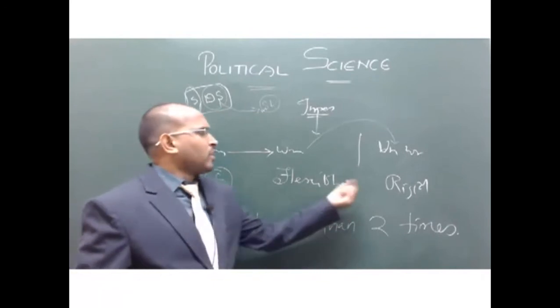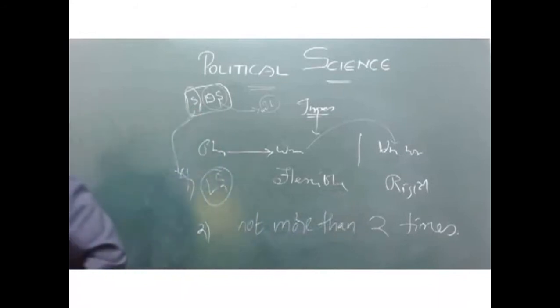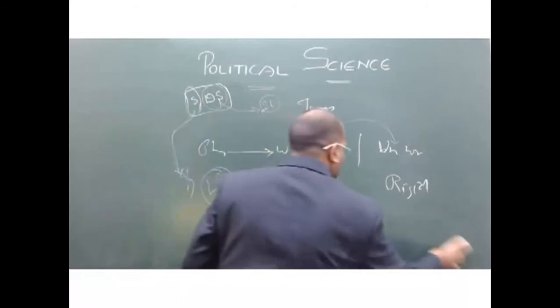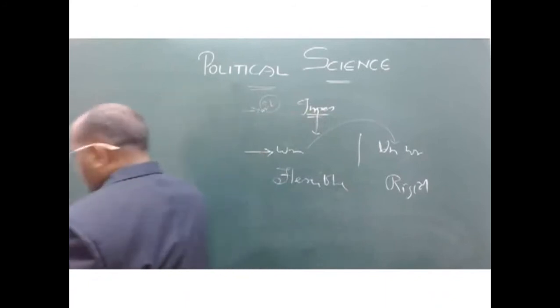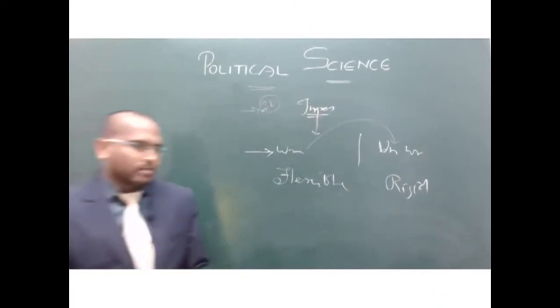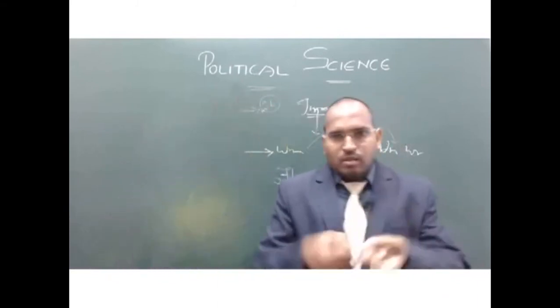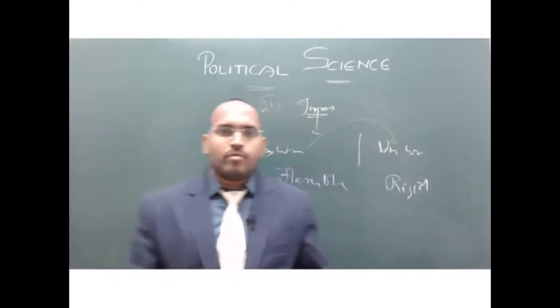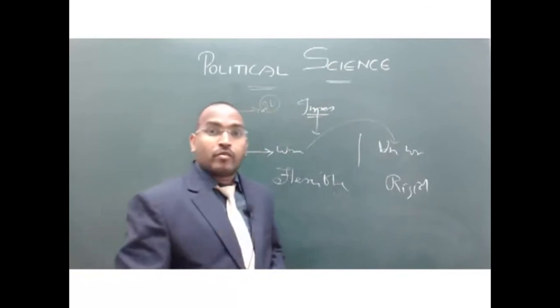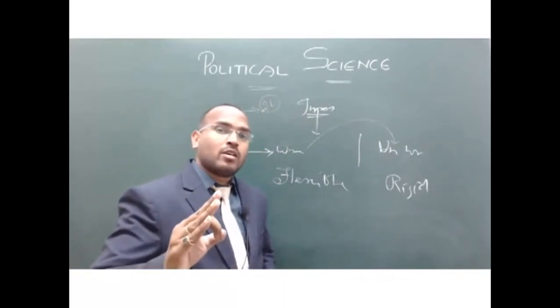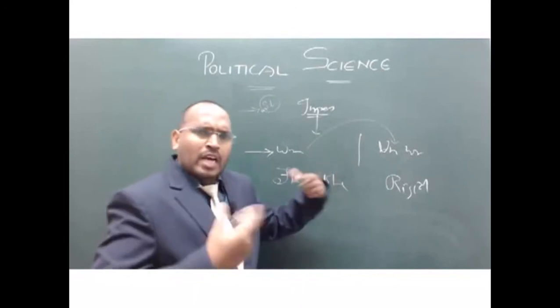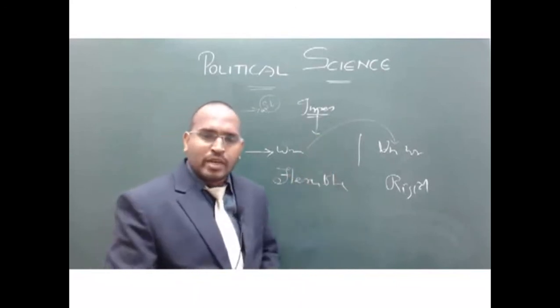Okay, now come to flexible and rigid. From this it is very clear, both are opposite in meaning. Flexible means we can change the constitution as much as possible, as many times.